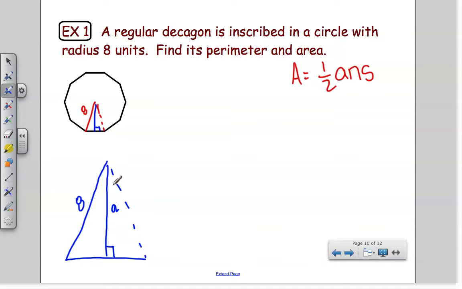First things first, what's a central angle measure? Because the only way I'm going to be able to figure this out is if I know these central angle measures. Now the whole central angle is between the two radii. If it's a decagon, there would be 10 central angles, so 360 divided by 10, giving me a 36-degree central angle.